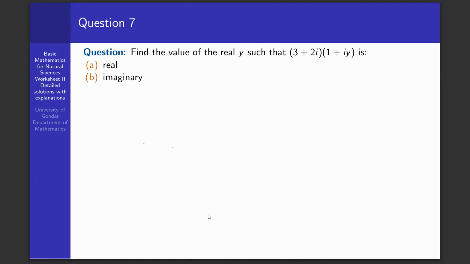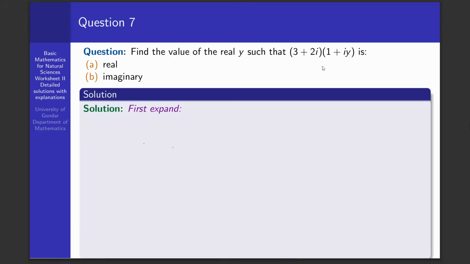The next one is question number 7. We are asked to find the values of the real y such that (3 plus 2i) times (1 plus iy) is, in the first case, real, that is without imaginary part, or simply whose imaginary part is 0, and in the second case, a purely imaginary number with 0 real part.